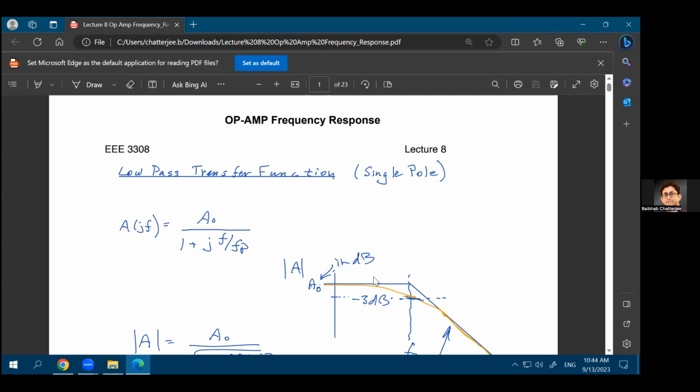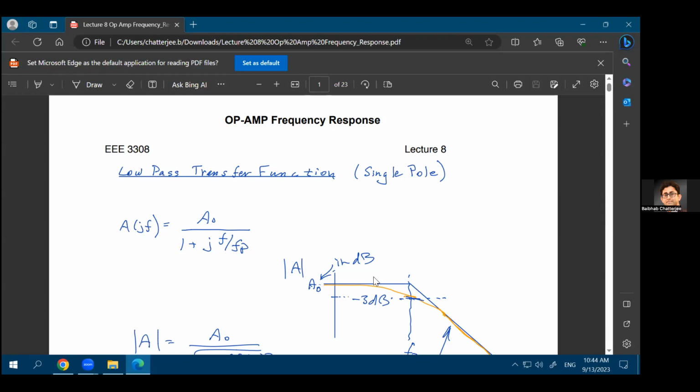You already know how voltage division works, right? Voltage division would be the impedance of this capacitance and the impedance of that resistance. That will determine what would be the voltage division between these two quantities. Now, what is the impedance of a capacitance? You already know it from your circuits 1 or circuits 2 classes, that for any capacitance C, the impedance is 1 over j omega C, where omega is the angular frequency and C is the value of that capacitance.